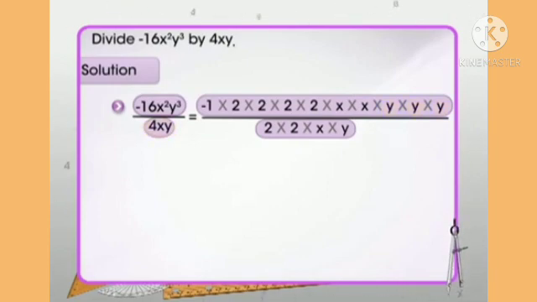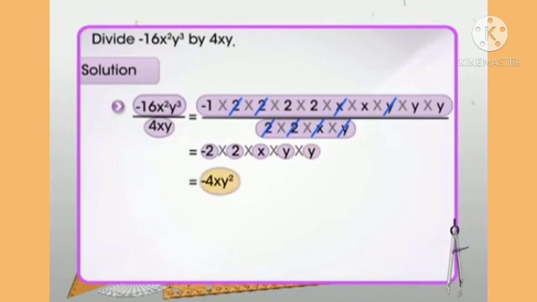And 4xy is equal to 2 into 2 into x into y. Now, cancelling the common factors, we get minus 2 into 2 into x into y into y, which is minus 4xy square.